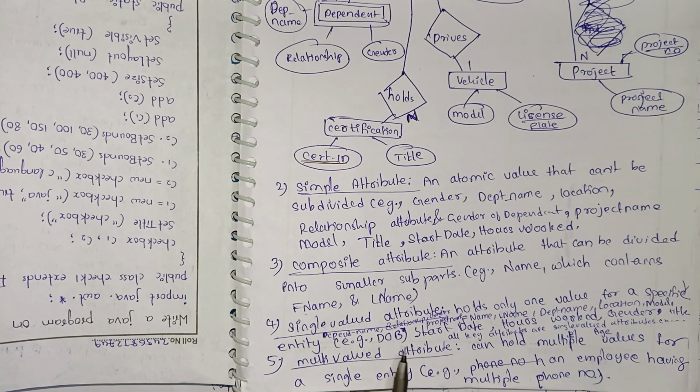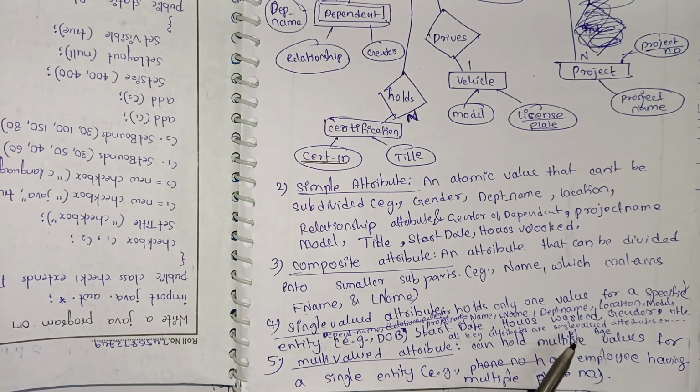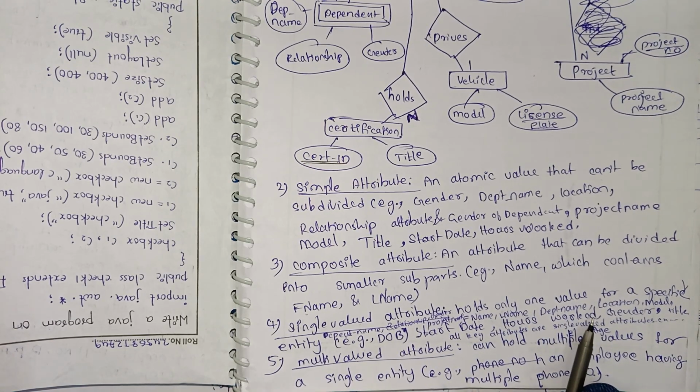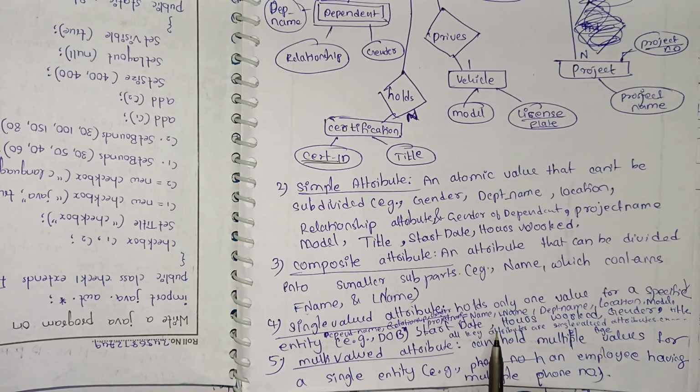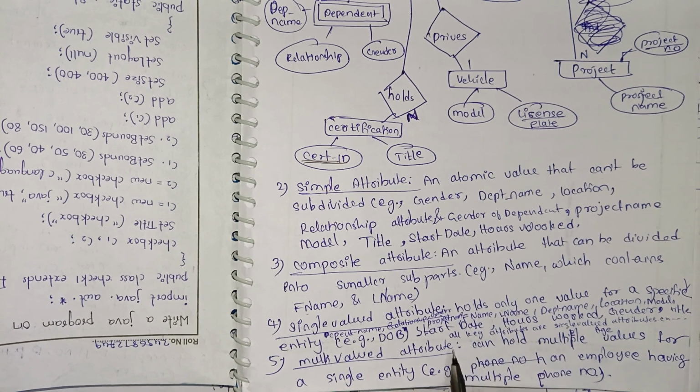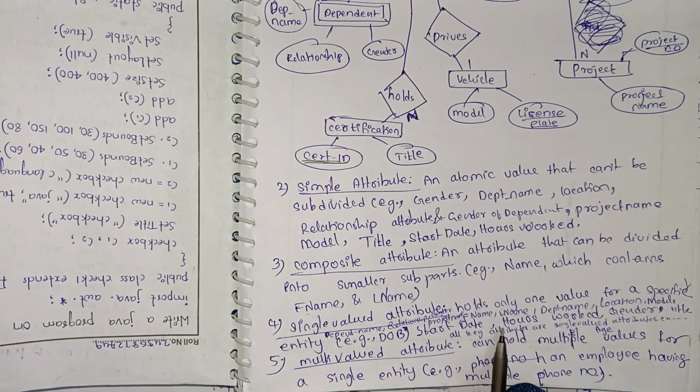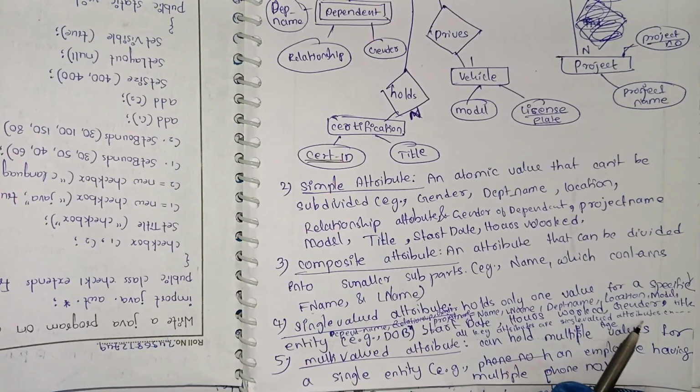Like for example, date of birth of the employee, start date and hours worked of the associative entity, gender of the dependent, and title, and all key attributes are single valued attributes.